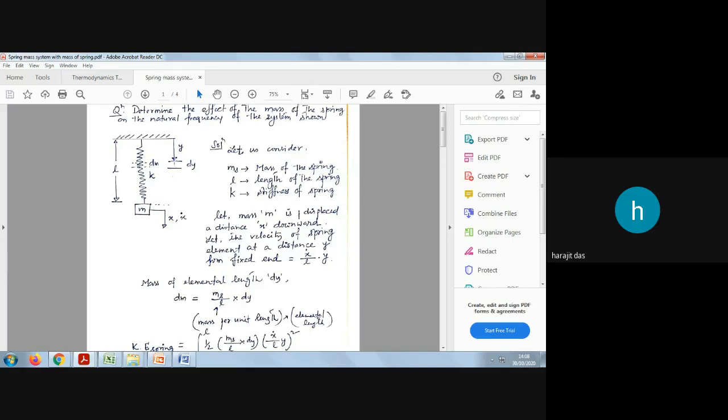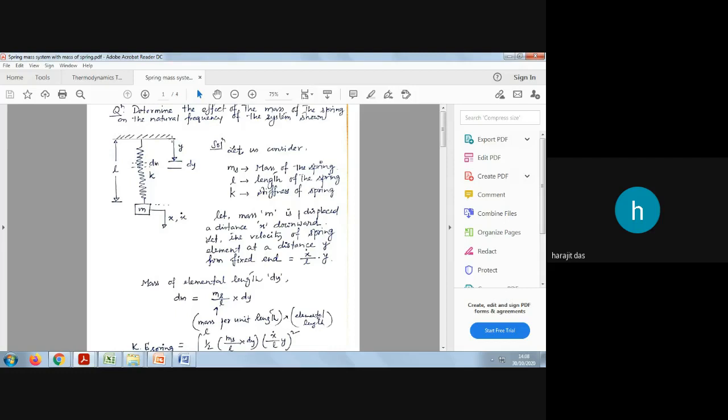So for this elemental length dy, where the elemental mass of the spring is dm, the velocity will be x dot upon L multiplied by y. I think all of you have understood. For the total length L, the velocity is x dot, so for one unit length, the velocity will be x dot upon L.